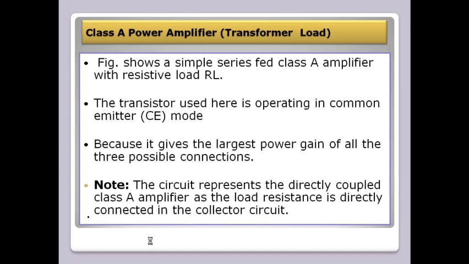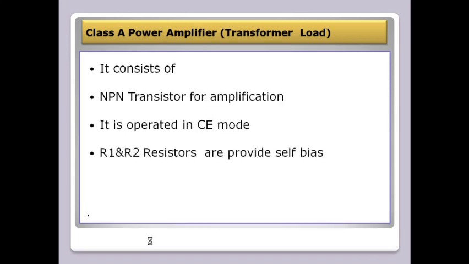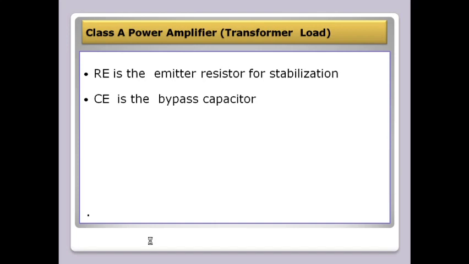It consists of an NPN transistor operated in CE mode. R1 and R2 are for self bias, C is the input capacitor, RE is emitter stabilization, CE is the bypass capacitor, and the transformer is for coupling the output to the load, a loudspeaker.